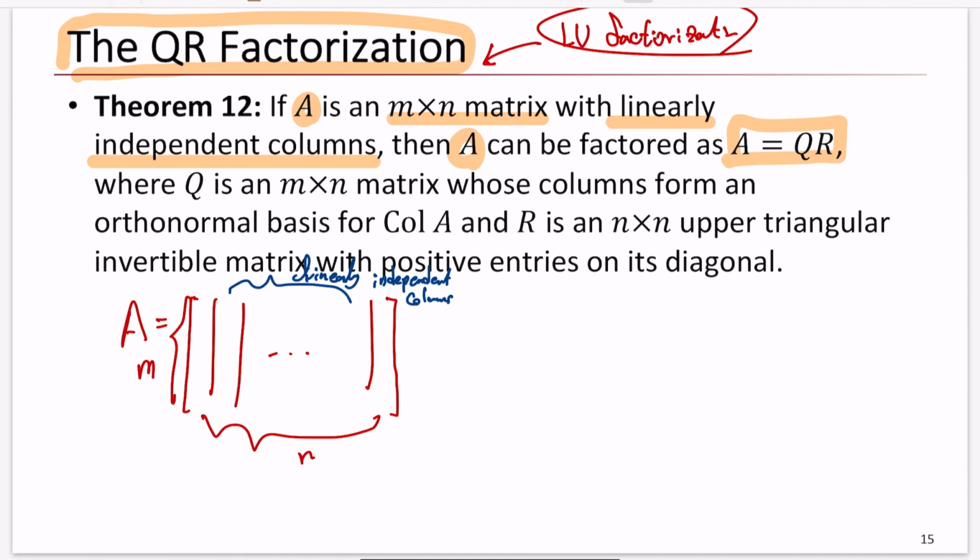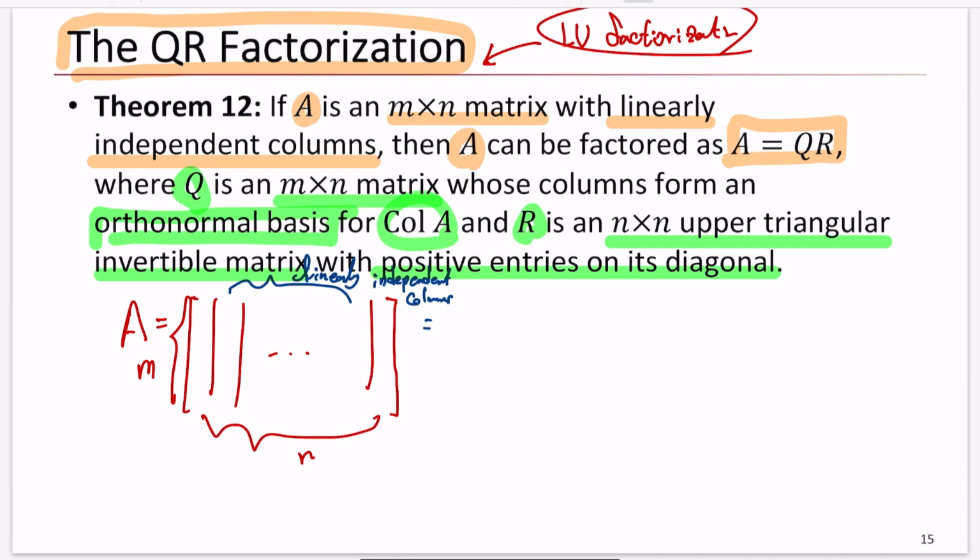A can be factorized into matrices Q and R, where matrix Q has columns that form an orthonormal basis for the column space of matrix A, and R is an n by n upper triangular invertible matrix with positive entries on the diagonal.